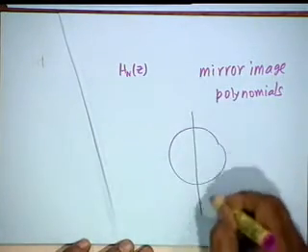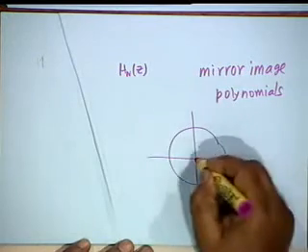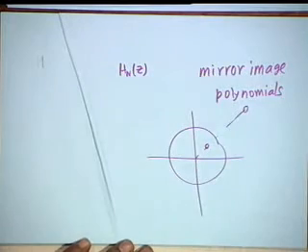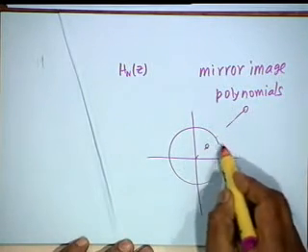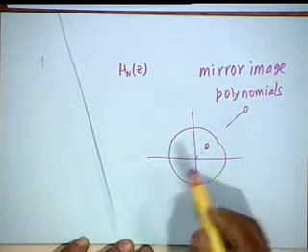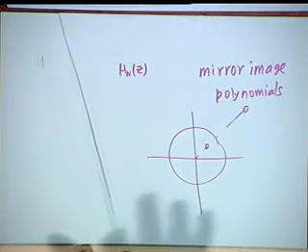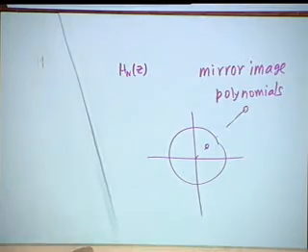You are inside the unit circle. This is the mirror. If there is a 0 here, this 0 should have a mate here. What kind of a mirror is this? It's concave. Okay. So the mirror is a concave mirror. It's not a plane mirror. All right.